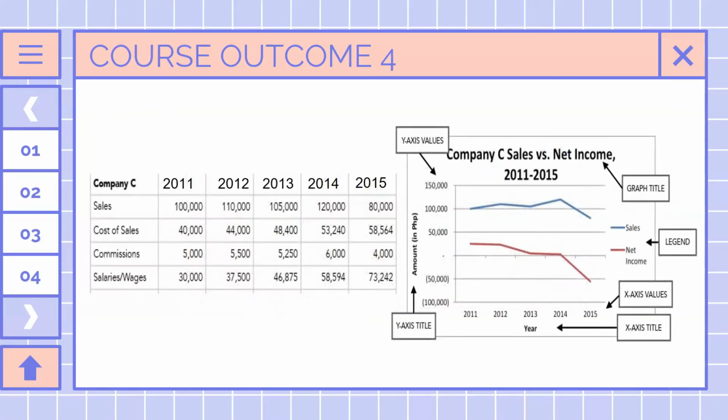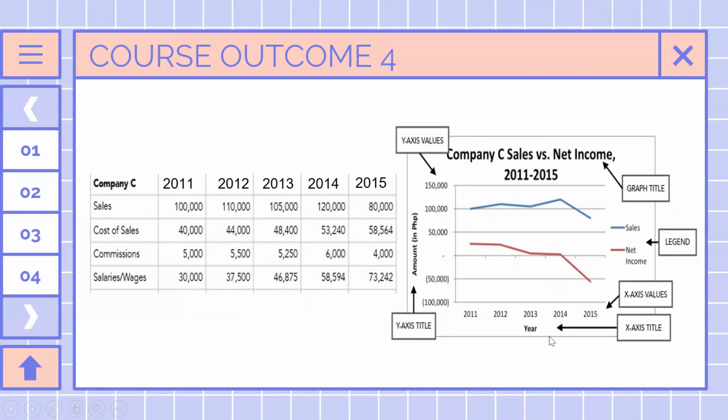So when we put this in the graph, it will look like this. The right figure here is company C's sales versus net income, year 2011 to 2015. That is the graph title. And here are the y-axis values. And the y-axis title is the amount in pesos.